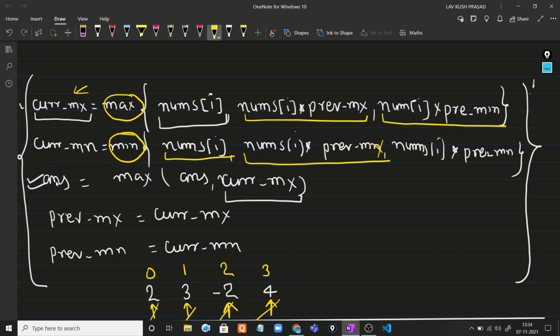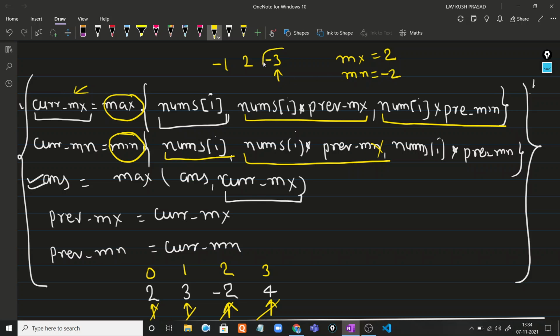Why do we want the current min? Because let's suppose we have an array like this: minus 1, 2 and minus 3. If we have reached this position, max is, let's suppose, 2, and min is minus 2.